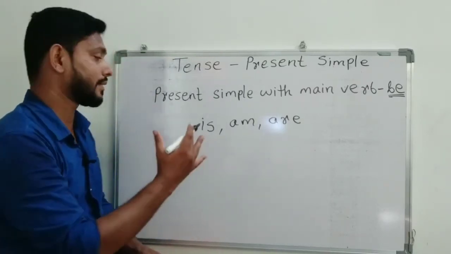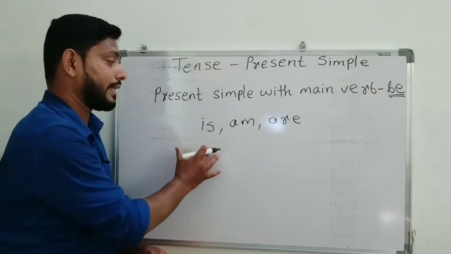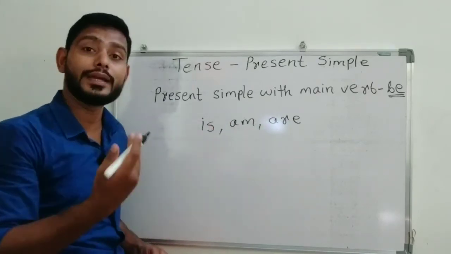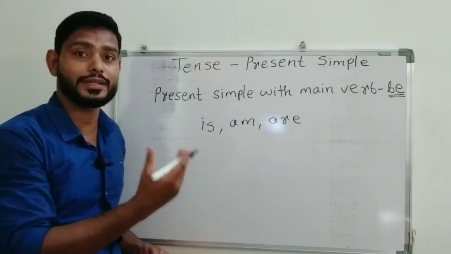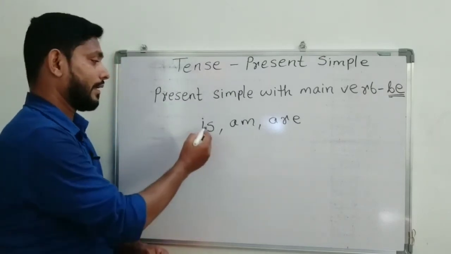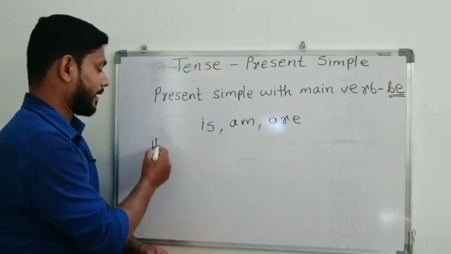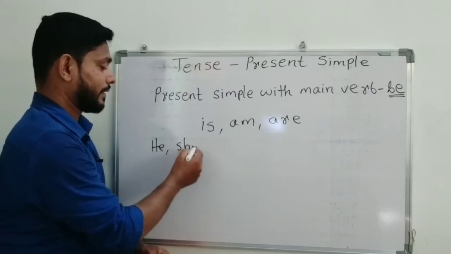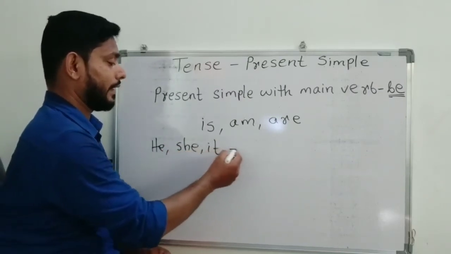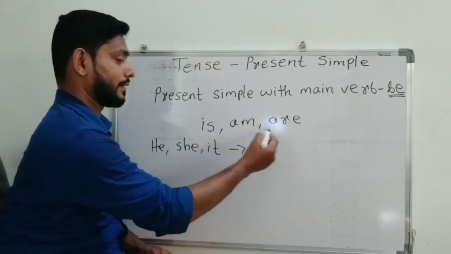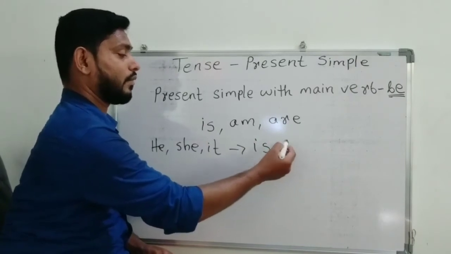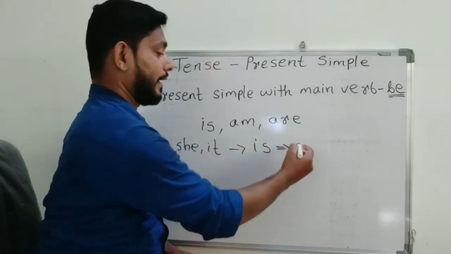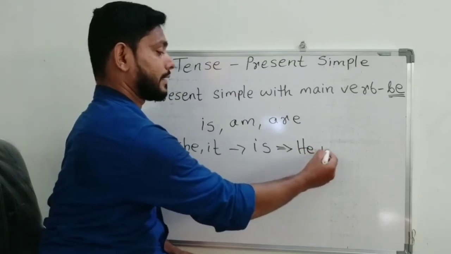Let's see some examples of the common usages of is, am, are to talk about any general time or general situation in simple present tense. Okay, is is used with he, she, it. Let's see one example. He or she is.